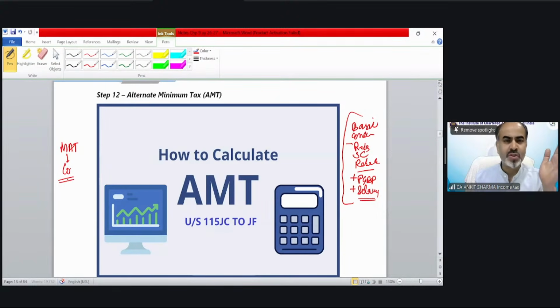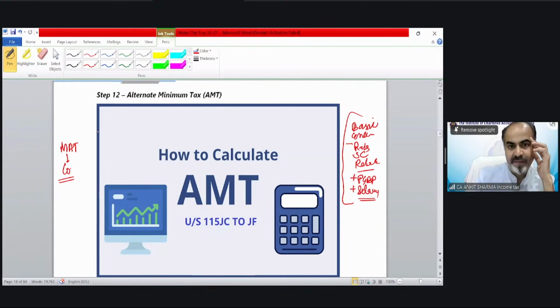Till that time, there was no concept of AMT for other than companies. So for companies, there is a concept of MAT, and the full form is minimum alternate tax. After some years, the government realized that this kind of concept should be for other than companies also.